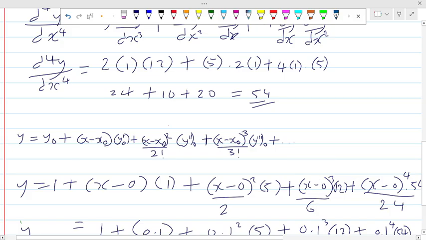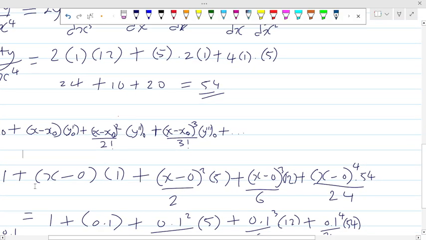Plus. So the pattern goes on like that. So x minus x0, this time here will be 4, and here is what? 4 factorial, that is 4 times 3 times 2 times 1, and that's 24, multiplied by first derivative of y is 54.